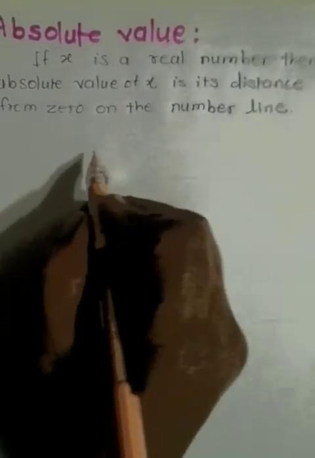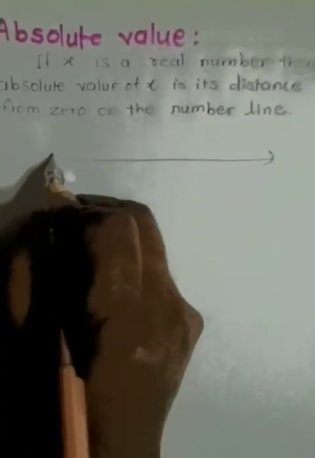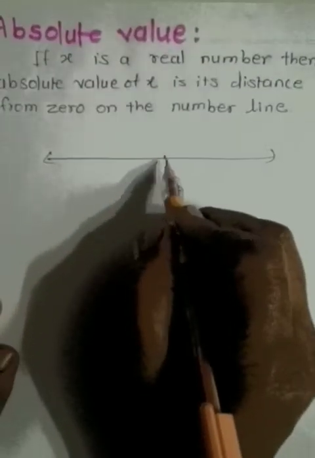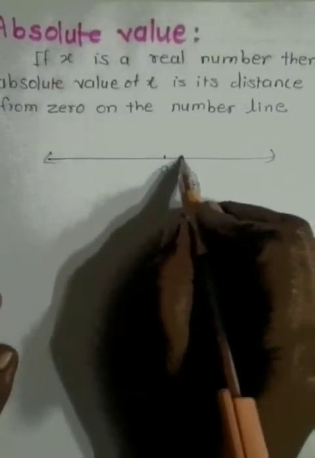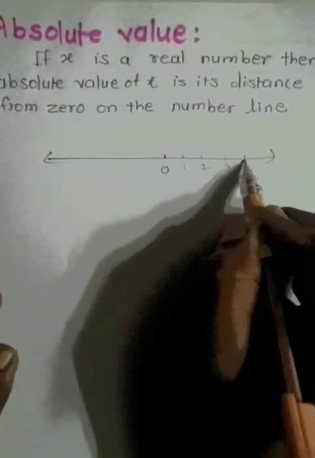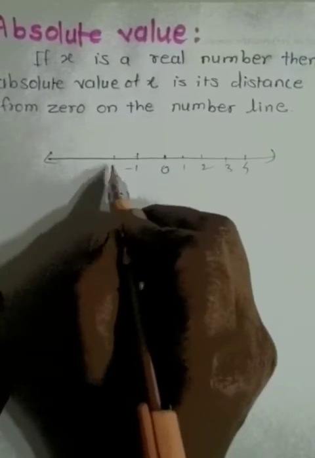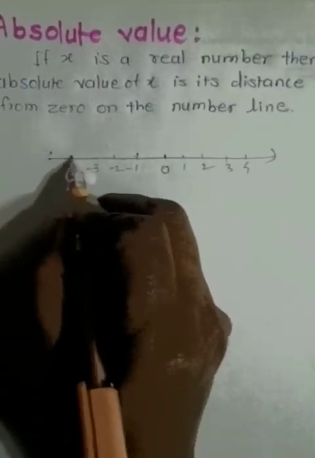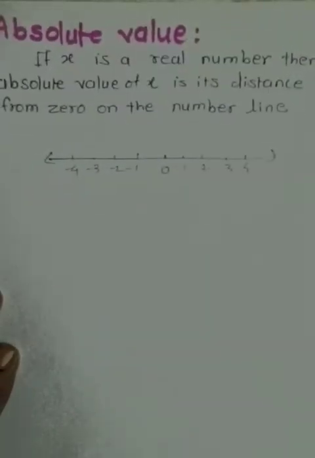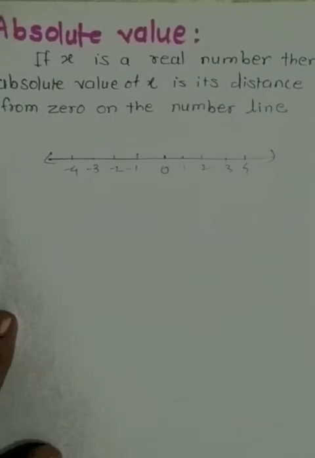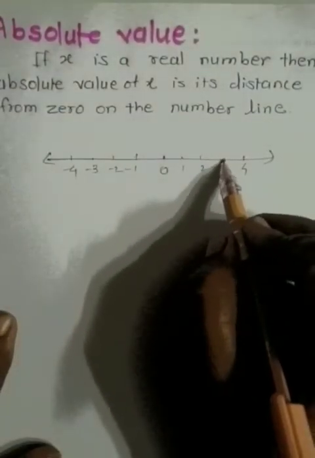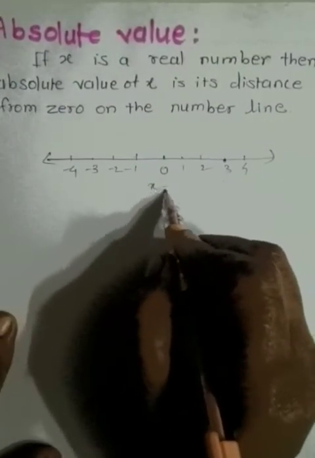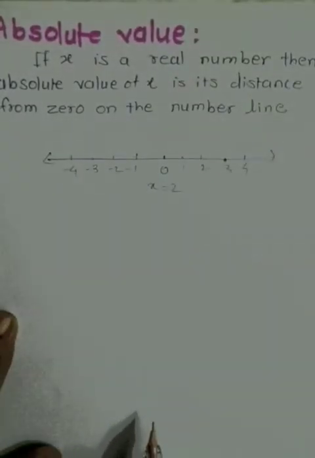Suppose this is a number line. At the center we represent 0, then 1, 2, 3, 4, and to the left side -1, -2, -3, -4 and onward. Suppose we take the real number 3, which means x is 3.